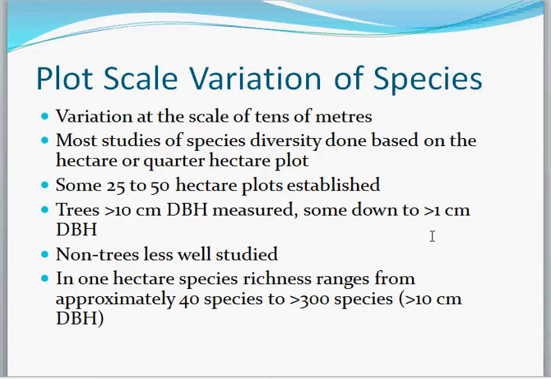So when people first realized that tropical rainforests were really diverse, then when they wanted to characterize this diversity, or the difference between a tropical rainforest and a rainforest up in temperate regions, they studied the forests at this particular alpha diversity scale.